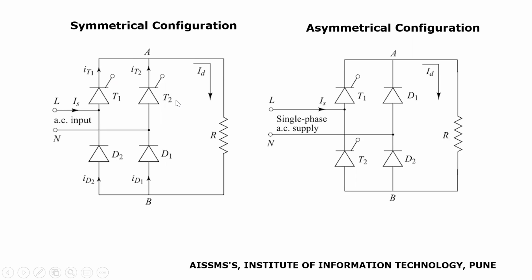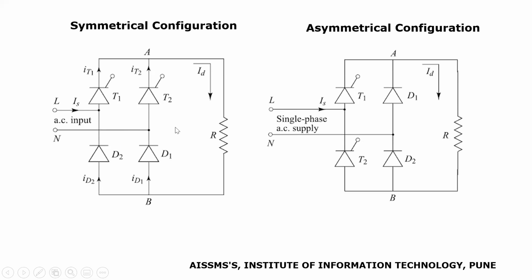This bridge rectifier consists of 4 semiconductor devices. Out of these 4 semiconductor devices, 2 devices are control switches and 2 devices are uncontrolled switches. So this semi-controlled converter consists of 2 thyristors and 2 diodes.